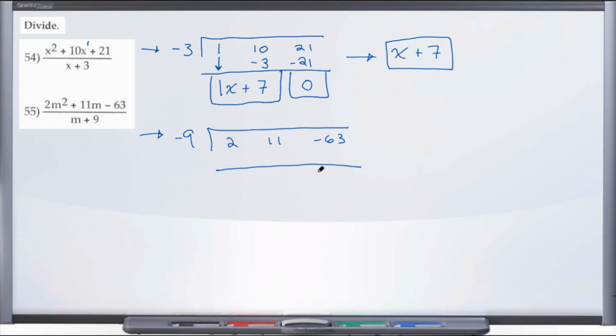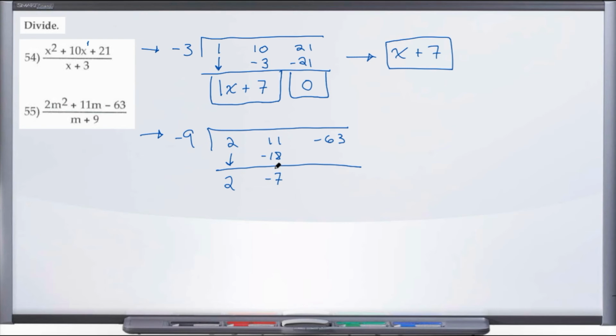All right, draw our line, leaving some room because we're going to be writing numbers here. And now again, this 2, this first number always comes down. And so we're going to have 2, and now let's start the process. Negative 9 times 2 gives us negative 18. 11 minus 18 gives us negative 7.